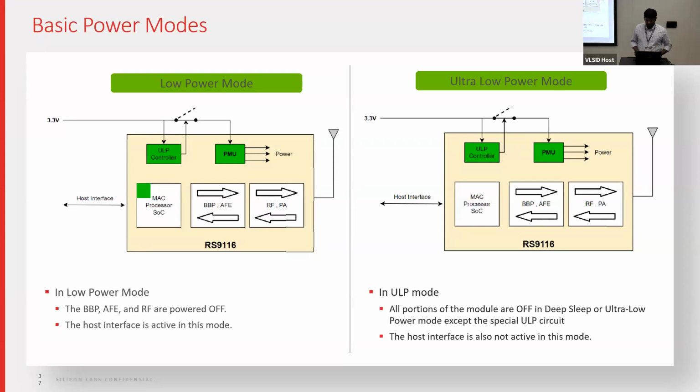In ultra low power mode, all portions of the chip will be shut off along with the host interface. Except the low power blocks like the ULP controller and the power management unit, the remaining parts of the module will be shut off.